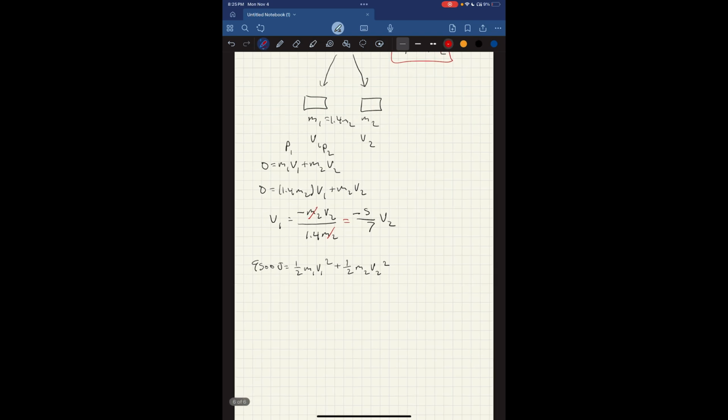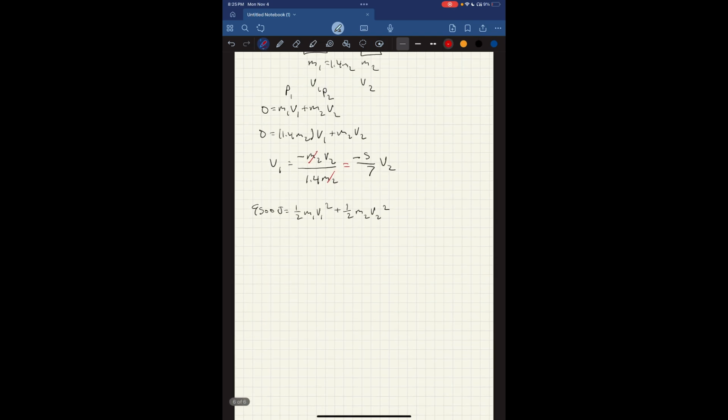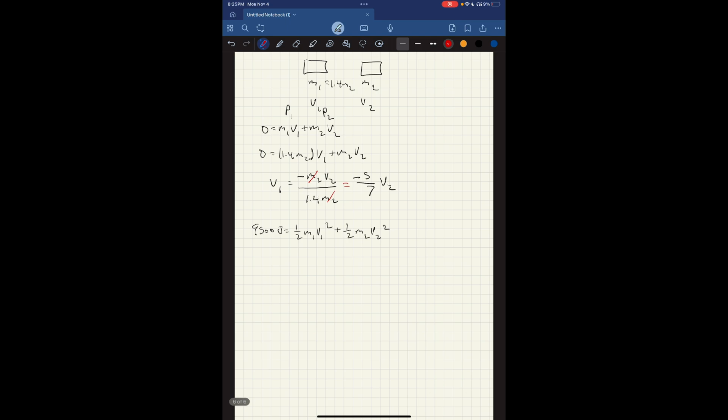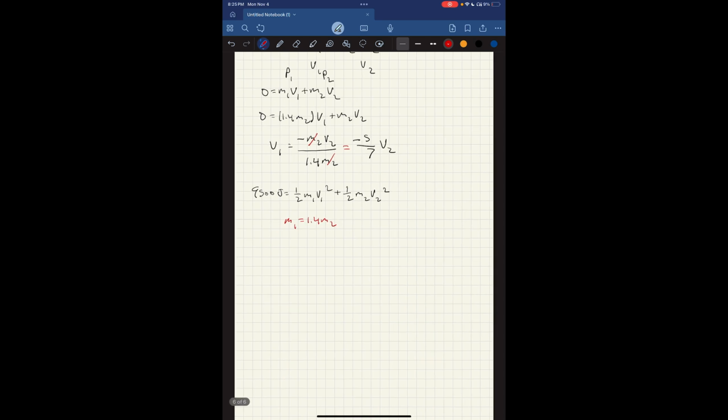To continue this question, we should plug in what m1 is equal to. m1 is equal to 1.4 m2, and v1 is equal to negative 5 over 7 v2. We need to plug these into these terms here.